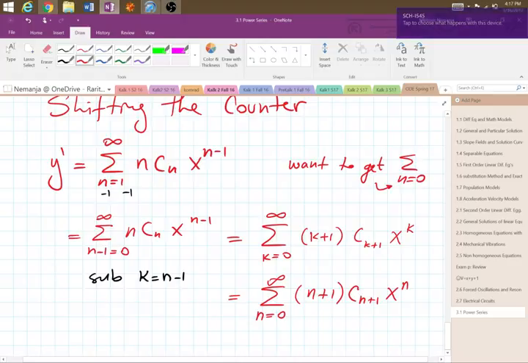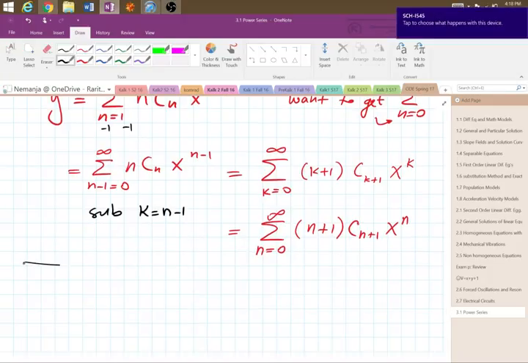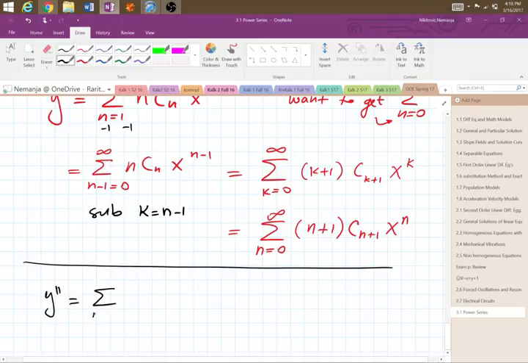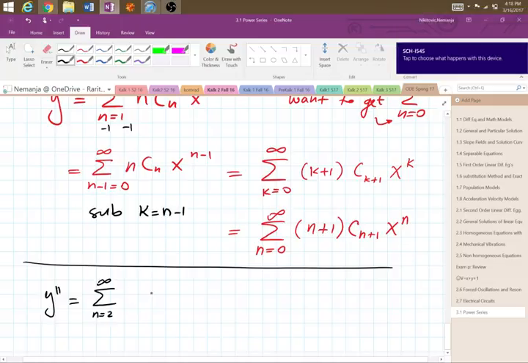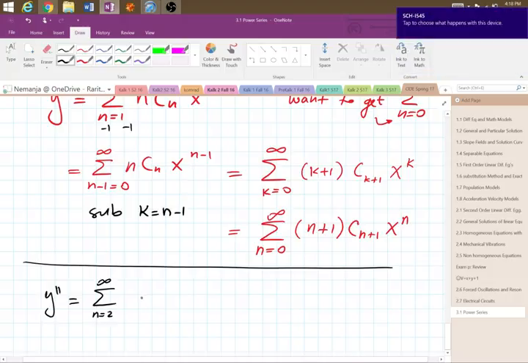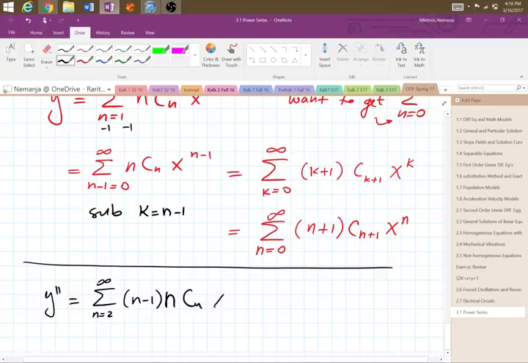That was way too much time. So let's shift the second one. So y double prime was n from 2 to infinity of n minus 1 times n times Cn times x to the n minus 2.